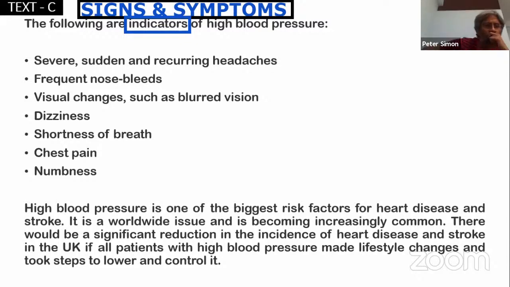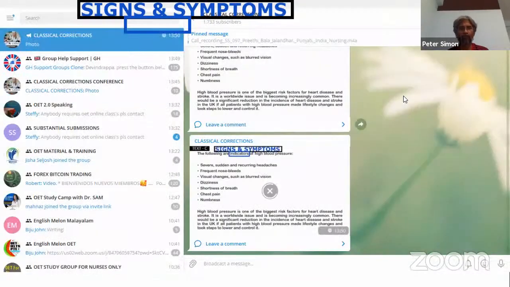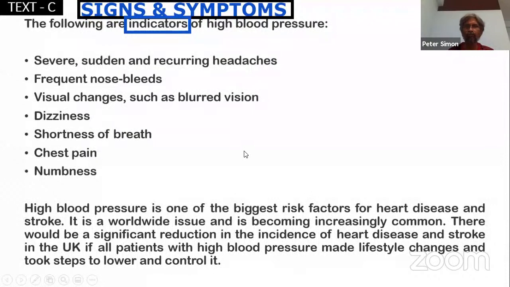So this is C. Fine. Next we have D. The last one finished, so we are going to find out the answers immediately.